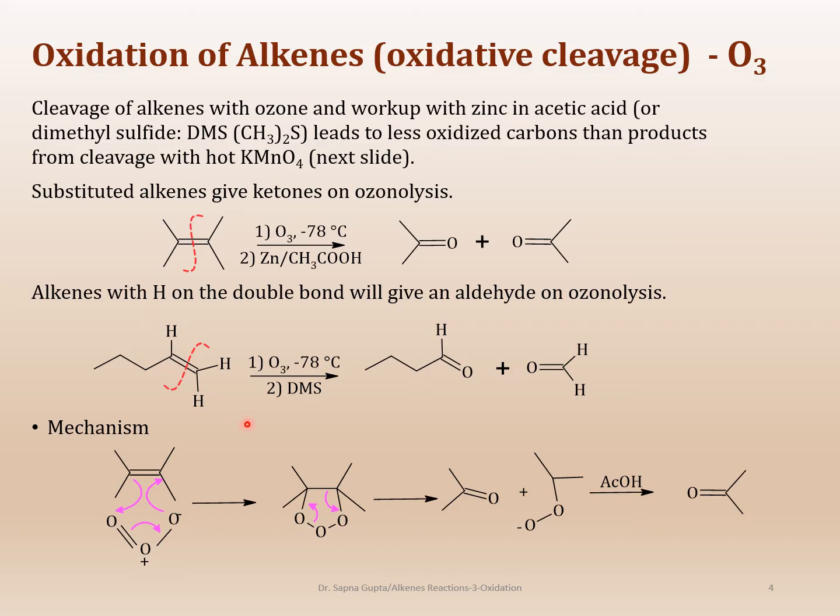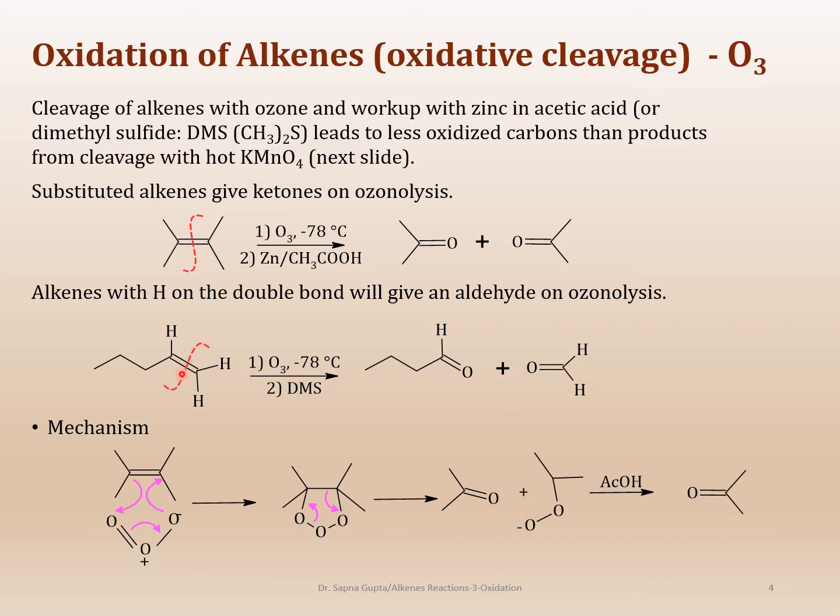Here I've written out the hydrogens because I want to show you something different from completely substituted alkenes. In this alkene, I have two hydrogens, so it's a terminal alkene, and you have one hydrogen here, of course. When you do ozonolysis here, you will get an aldehyde here and an aldehyde for the other one.